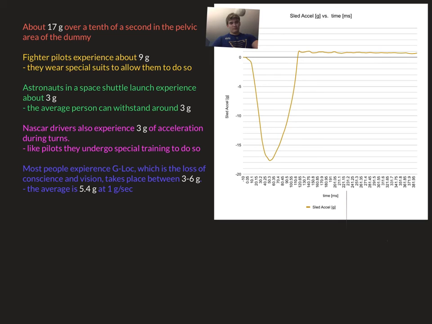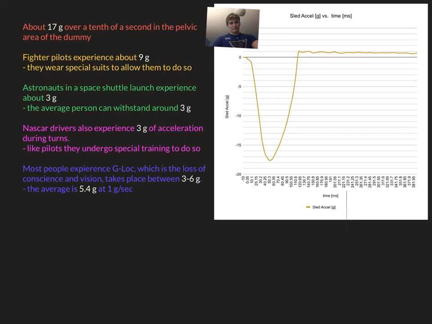So a driver who weighs 200 pounds would experience fewer Gs than a driver that weighs 180 pounds. And a driver that only had 25,000 newtons of force acting upon them would have less acceleration than a driver of the same weight with, say, 40,000 newtons of force acting upon them.